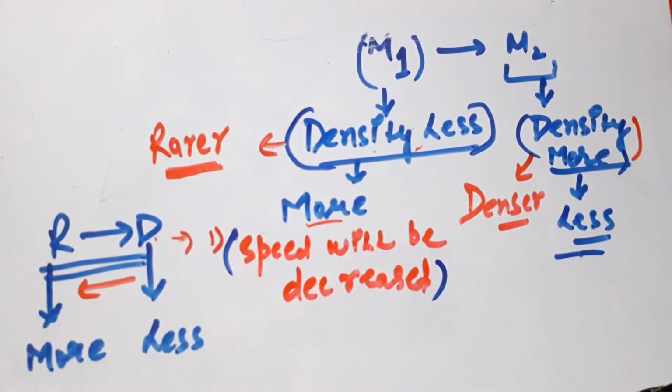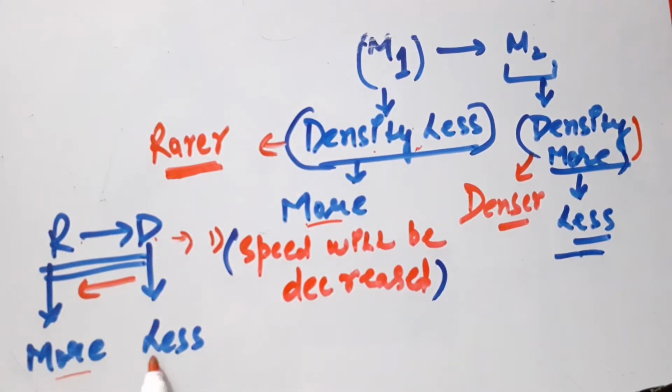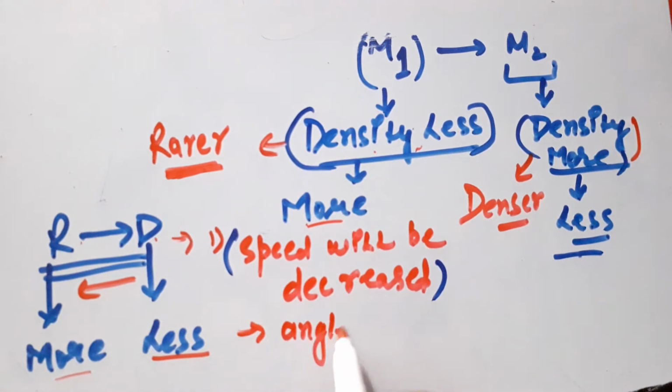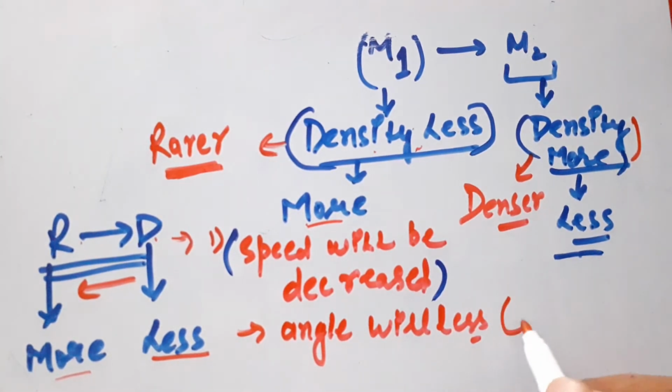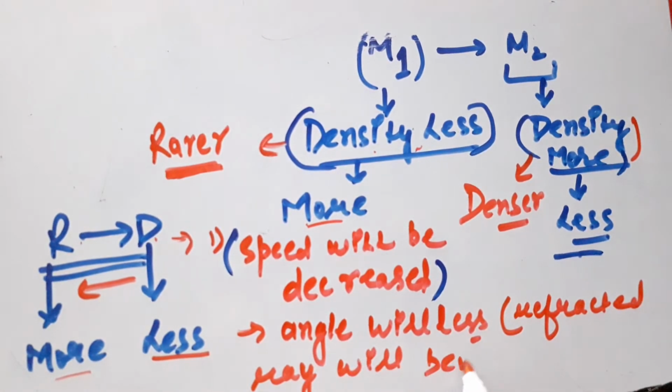So what does it mean? When the light is going from rarer to denser medium, the angle will be less. Or we can say that the refracted ray will bend towards the normal.